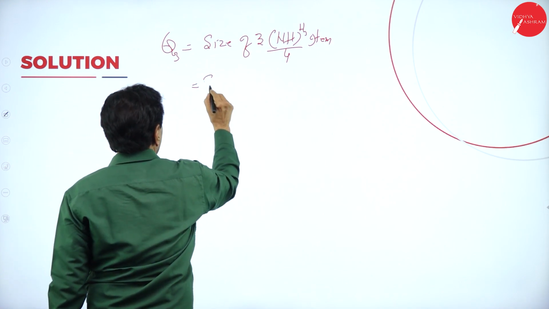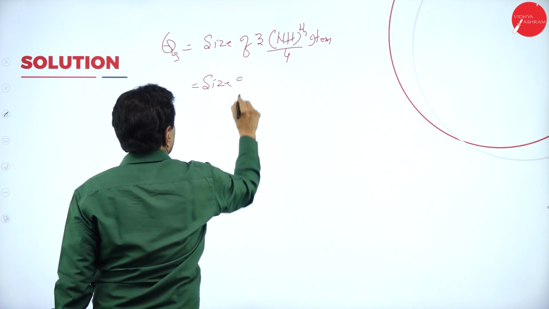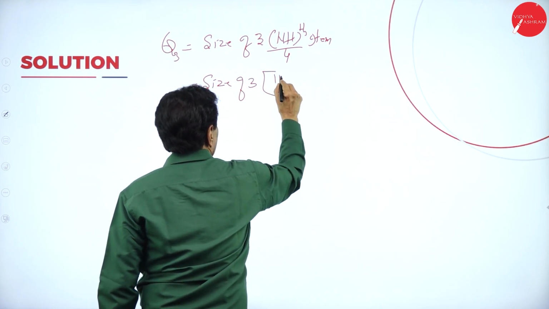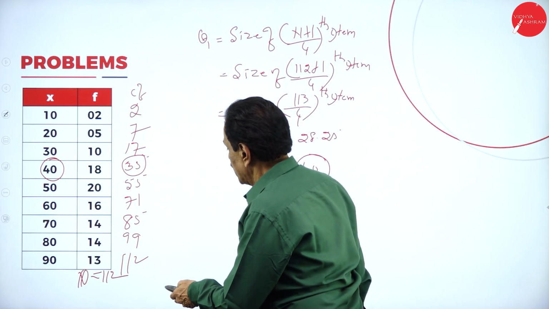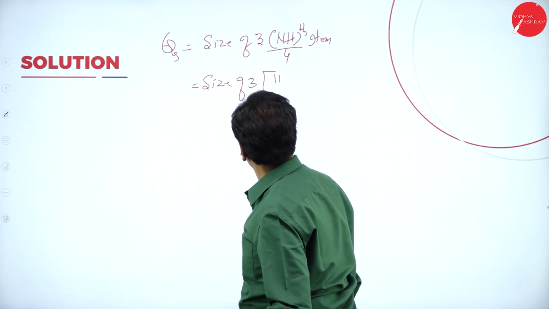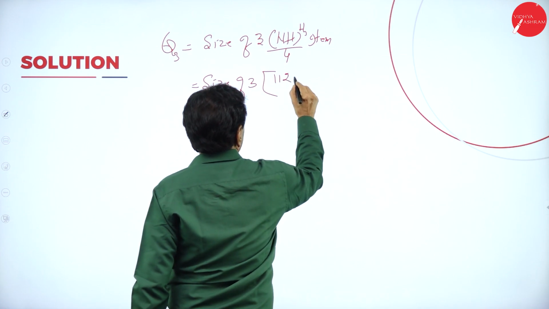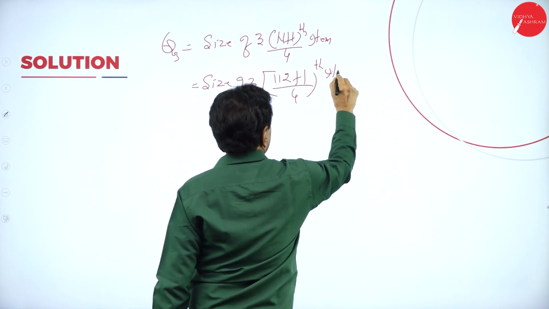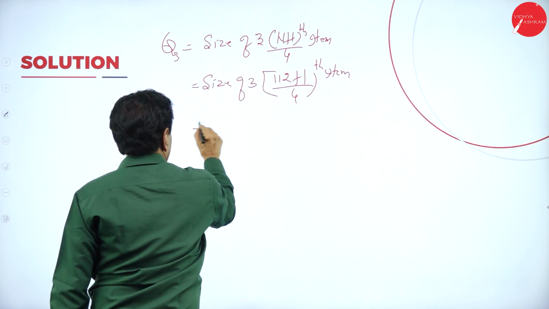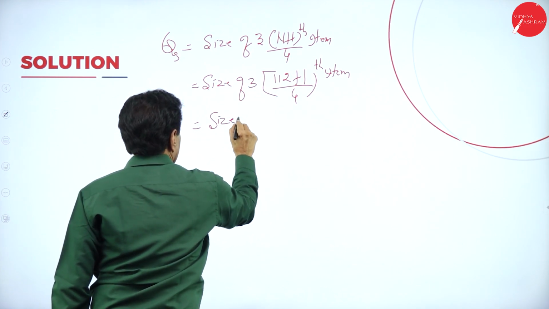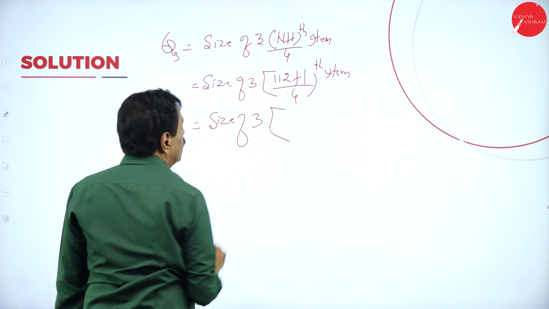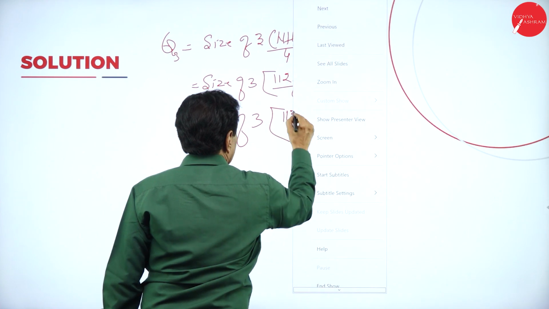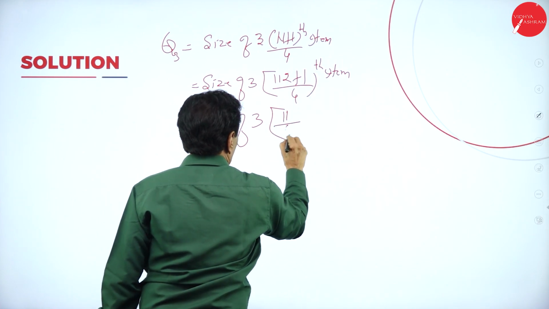That is the size of 3 into (112 plus 1) divided by 4th item, which is 3 into 113 divided by 4.